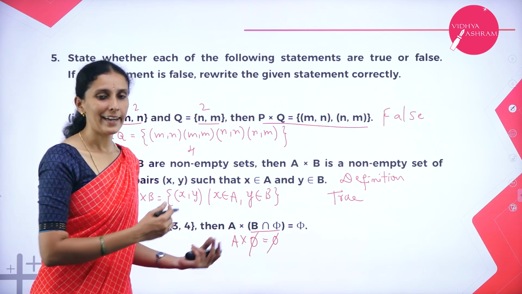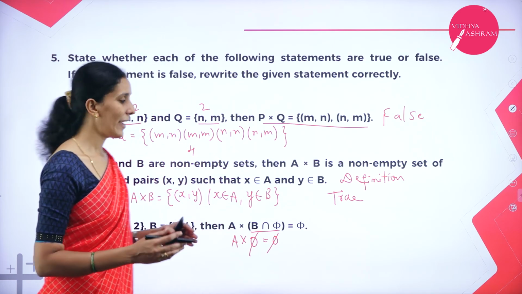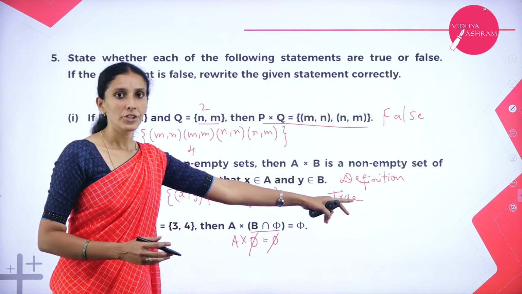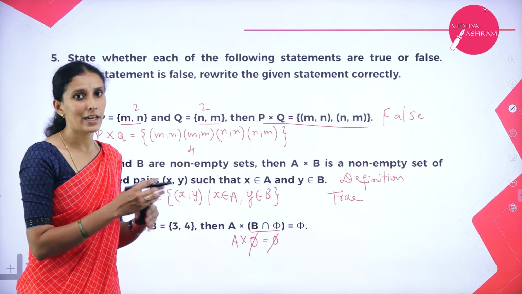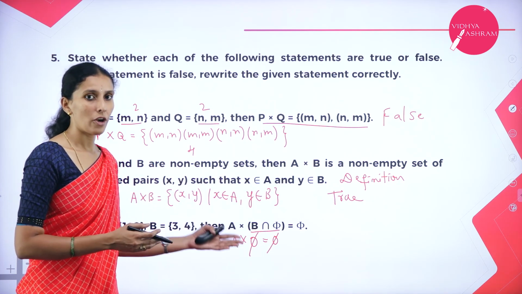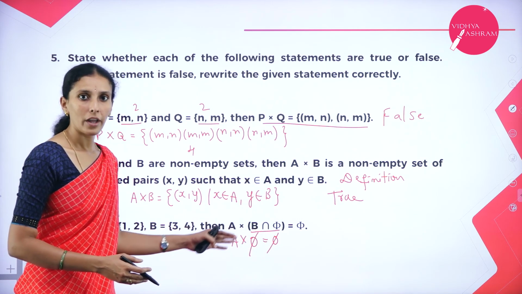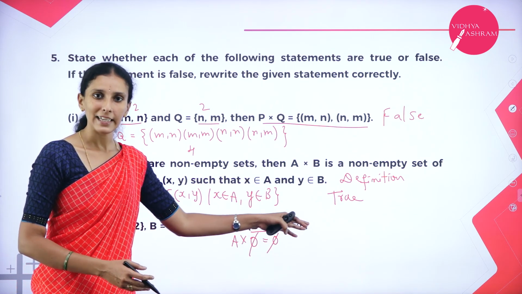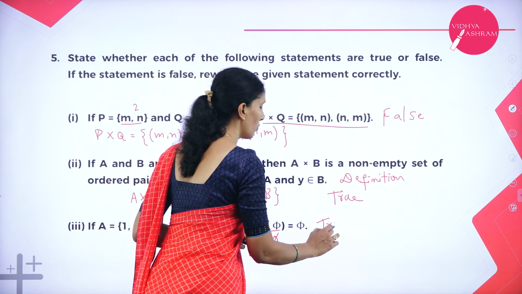Because we have studied the definition of the Cartesian product: when you are pairing with an empty set, there is nothing to pair. So the Cartesian product of a set with an empty set is again empty. Therefore, the given statement is true here.